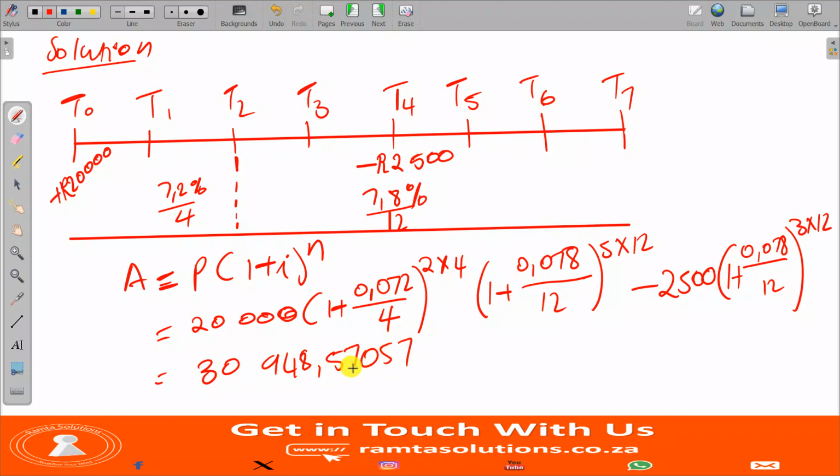Even if you round it to 2 decimal places, it's okay. Minus, let's see now, 2,500, 1 plus 0.078 over 12 to the power 36. What is this? This is minus 3,156.719992. Because my calculator is Casio, I'm going to say previous answer minus answer. What are we getting?